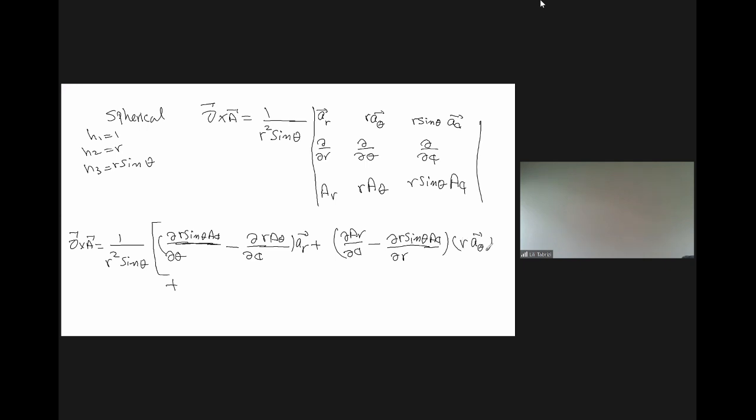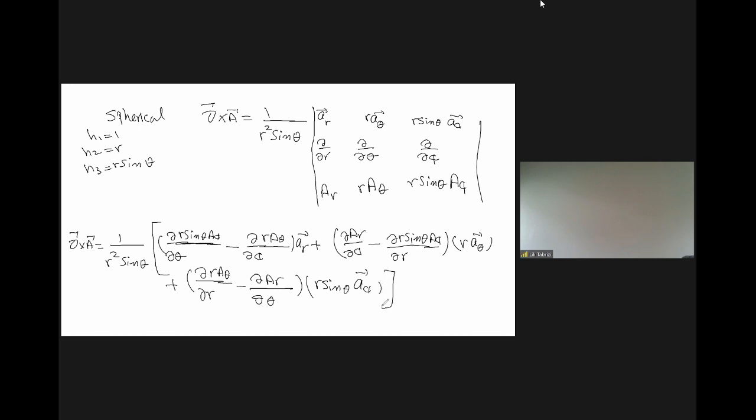Okay, the last one is d/dr of r A_theta minus d/d theta of A_r, multiplied by r sine theta a_phi.